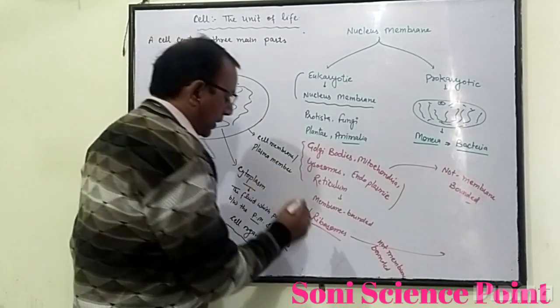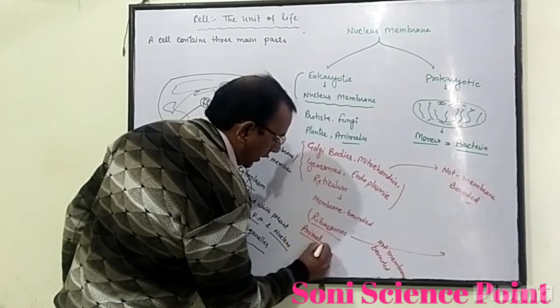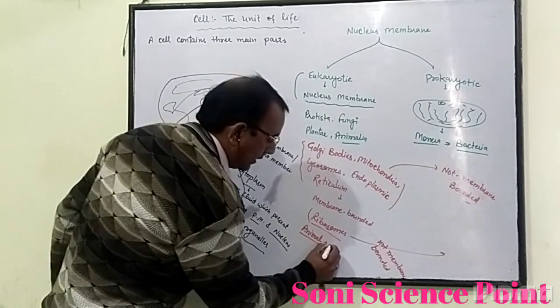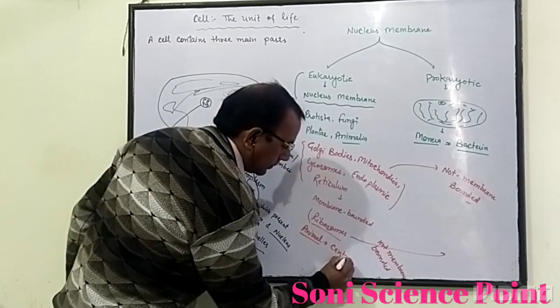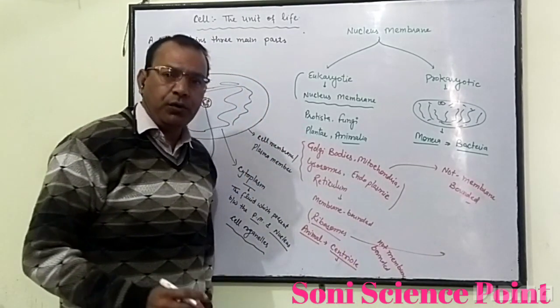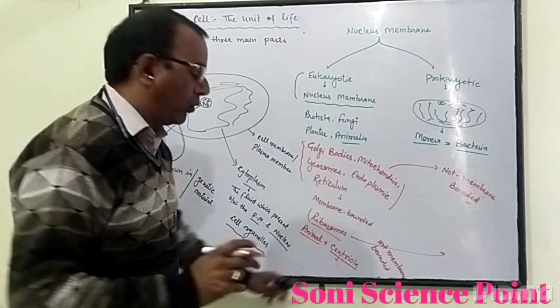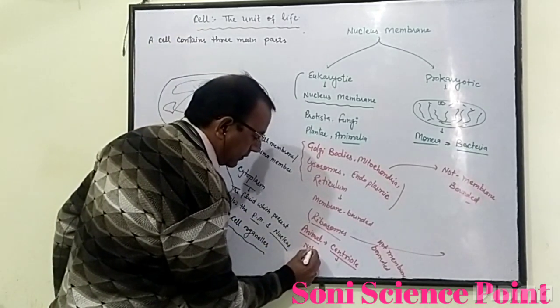One more, if the cell is an animal cell, there is one extra cell organelle, that is called centriole. This centriole is found only in animal cells, not in plant cells. This is also not membrane bounded.